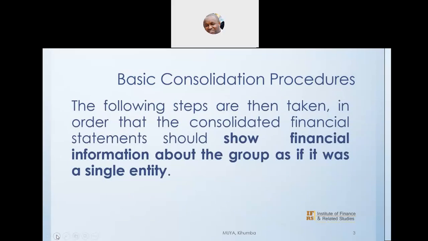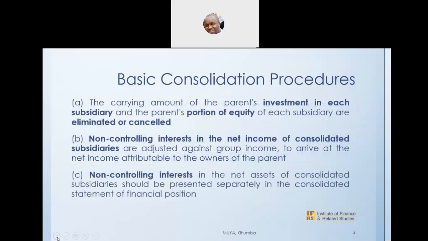What are the basic consolidation procedures? There are certain steps that should be taken into account in order for us to prepare the consolidated financial statement so that we can show the information of the group as though it related to one single entity.